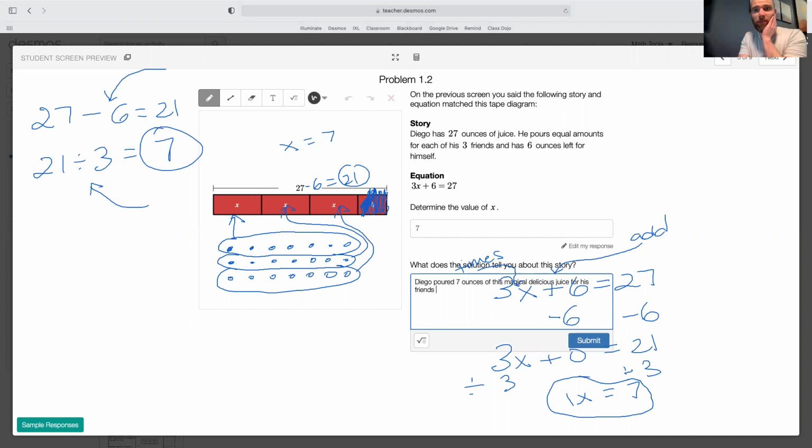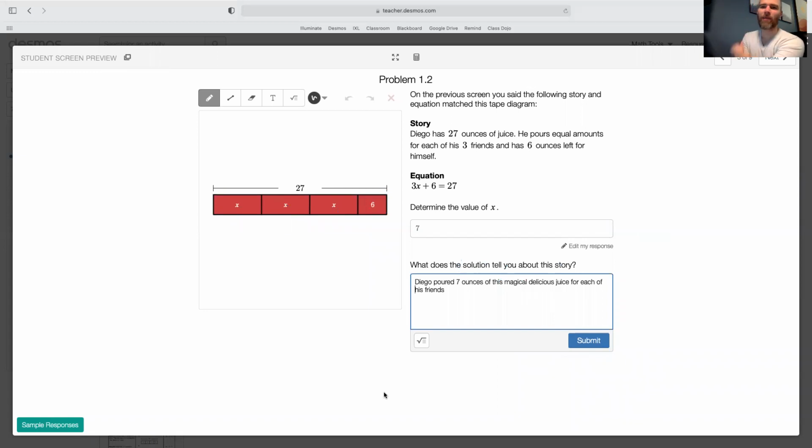I should say for each of his friends. For his friends sounds like it's a total of 7. So for each of his friends. All right, let's move on.